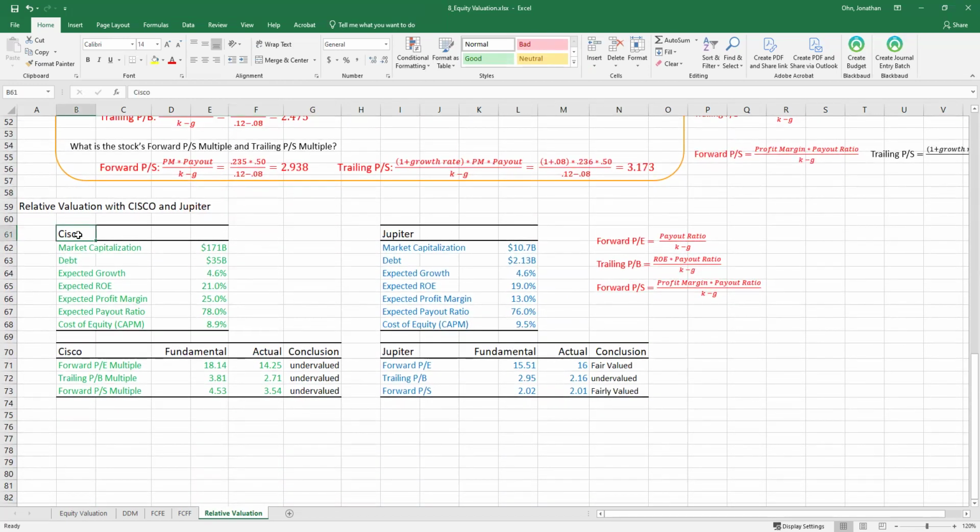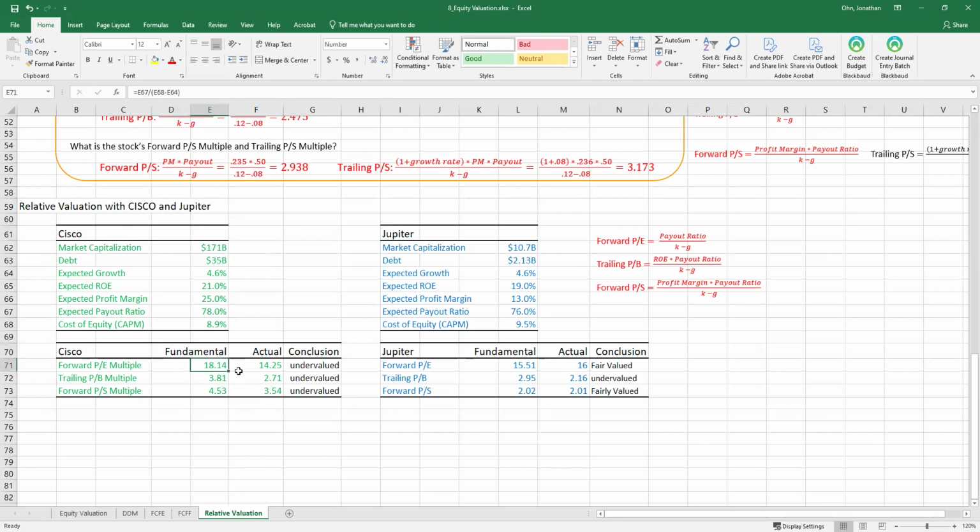We have Cisco, and this one is a smaller company but a competitor. We have the market capitalization of 171 billion, debt 35 billion, expected growth rate 4.6%, expected return on equity 21%, expected profit margin 25%, expected payout ratio 78%, cost of equity 8.9%. Given these expected values, the first step, I told you, is to calculate the intrinsic, theoretical fundamental value.